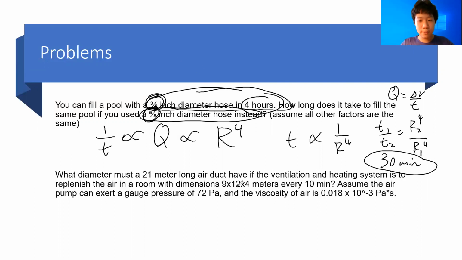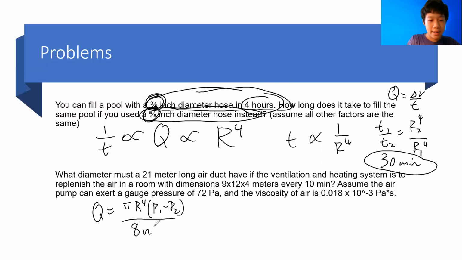So now for the last one, this is basically a direct application of Poiseuille's equation. We're going to have Q equal to pi r to the fourth, P1 minus P2, over 8 eta L. So what is the volume flow rate? Well, the volume flow rate is change in volume over time.